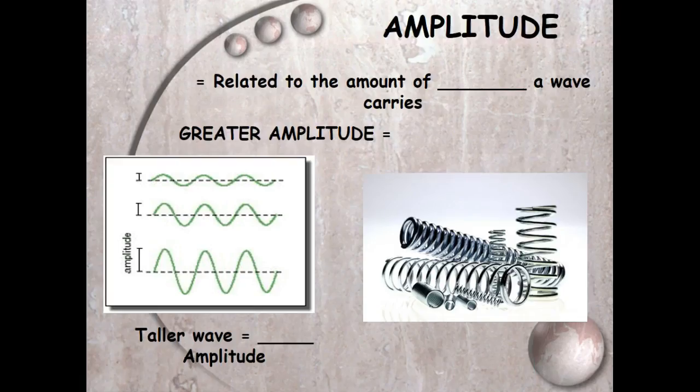The last thing, the last slide we're going to talk about, is amplitude. Amplitude is related to the amount of energy a wave carries. And again, we're always going to come back to this word. So we can say that the greater the amplitude, the greater the energy carried.